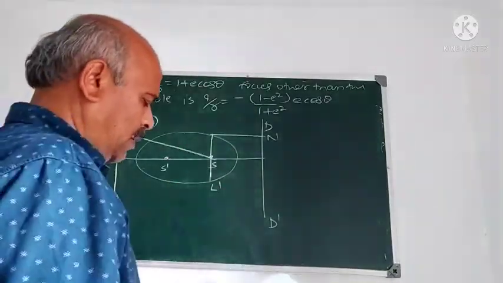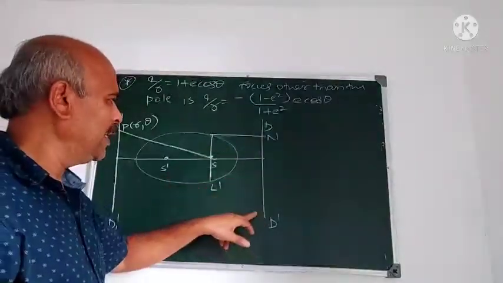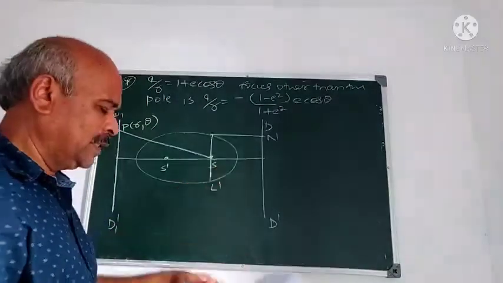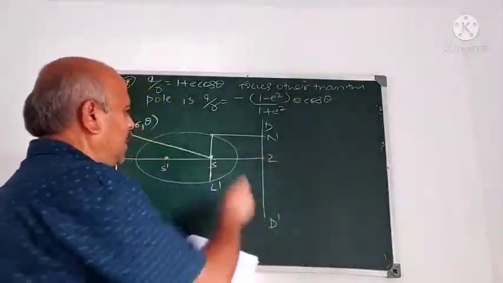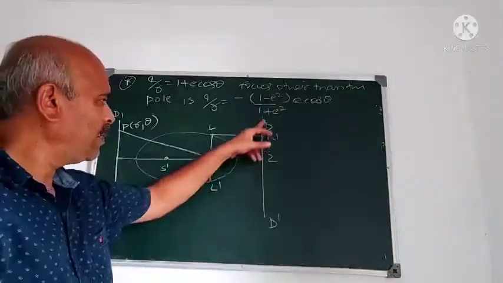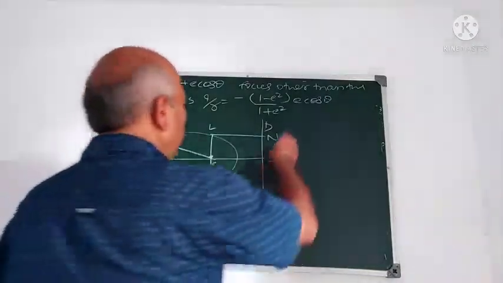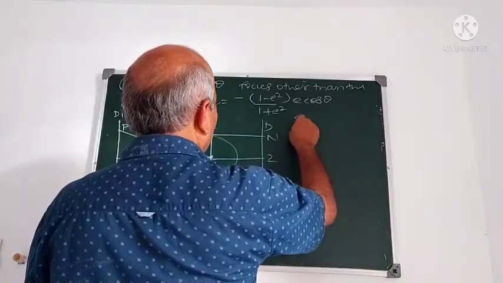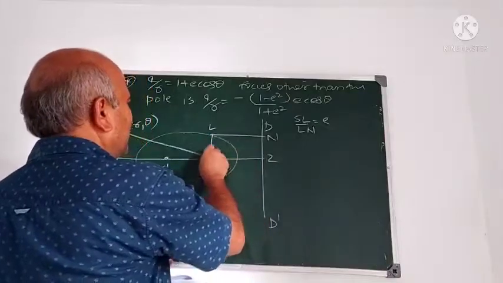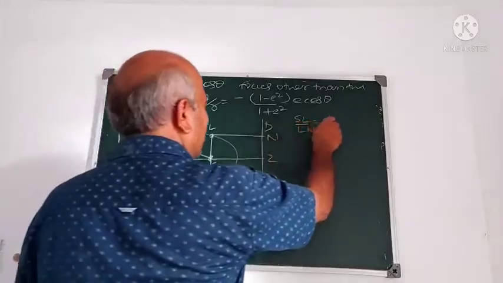For that, we take S as the focus and D dash as the directrix corresponding to this focus, and SZ perpendicular to the directrix, and L L dash the latus rectum, and draw LN perpendicular to this directrix. Then we have SL upon LN equal to e. What is SL upon LN? It is the ratio of the distance from the focus to the directrix, therefore it is the eccentricity.